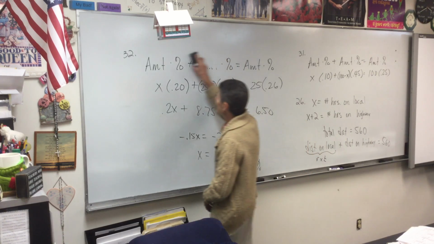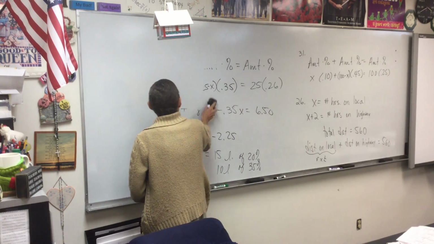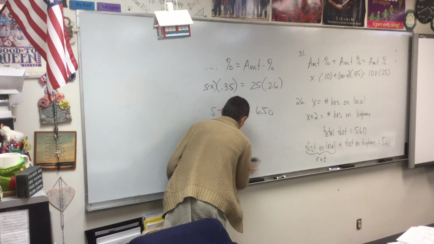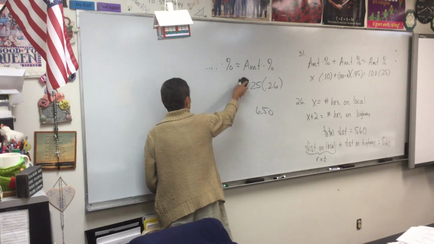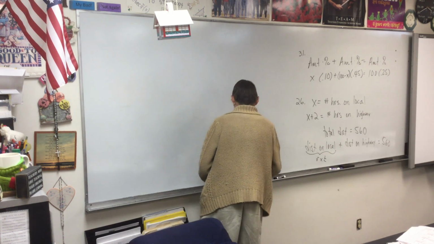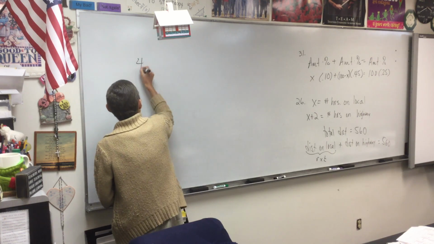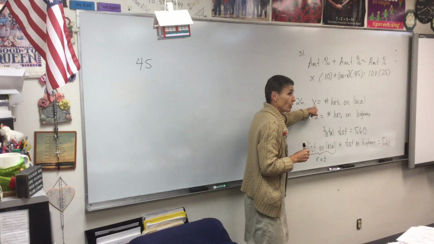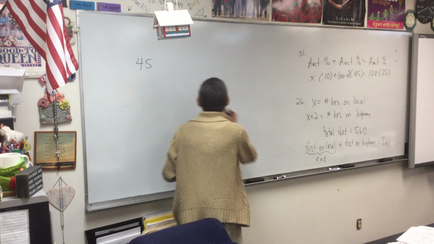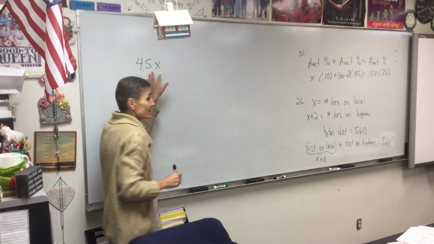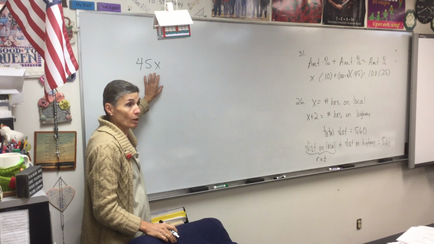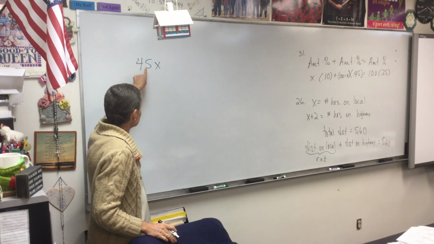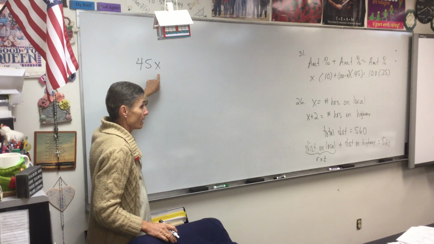So, do I know the rate on the local roads? 45. So 45 times the time on the local roads, which is X. That is the distance on the local road. Distance is rate times time.